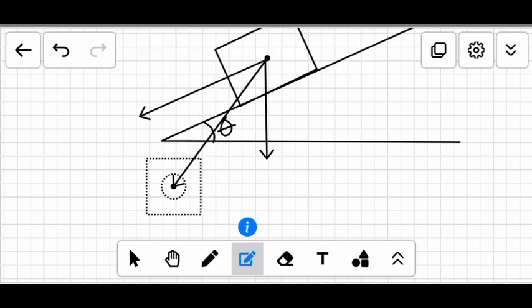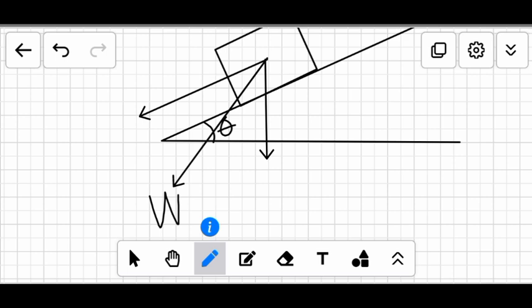So this is the weight W. So it has been split into two parts, which is W in this direction and W in this direction. So we call this one the parallel part of the weight to the plane, while this would be perpendicular to the plane.